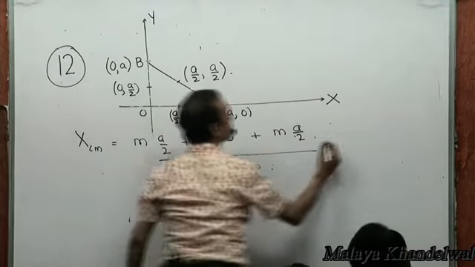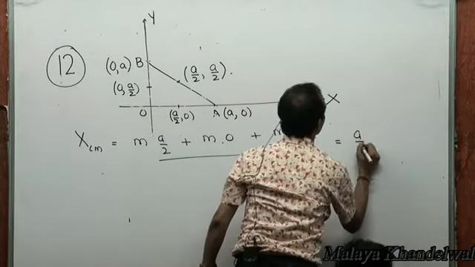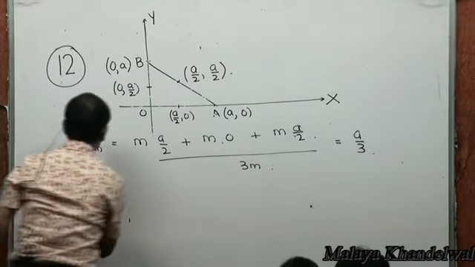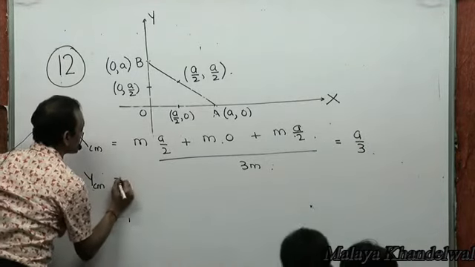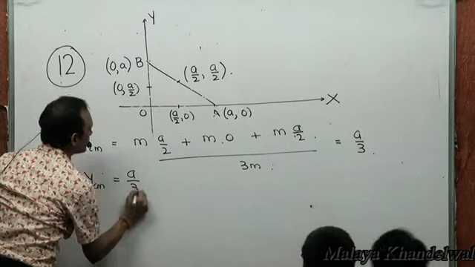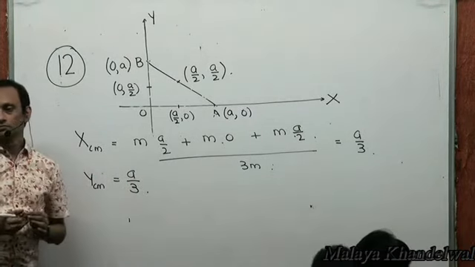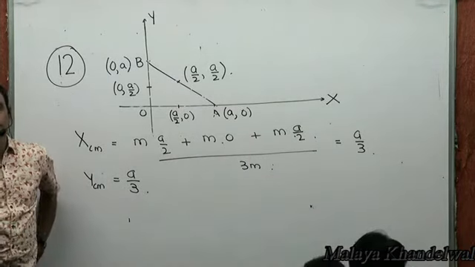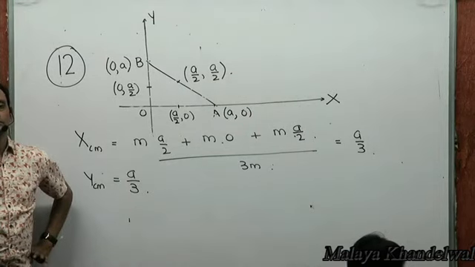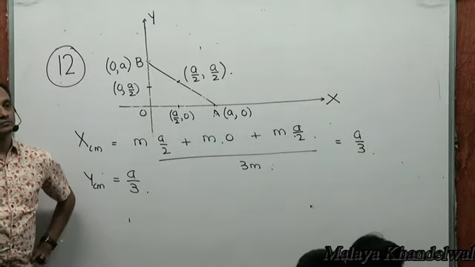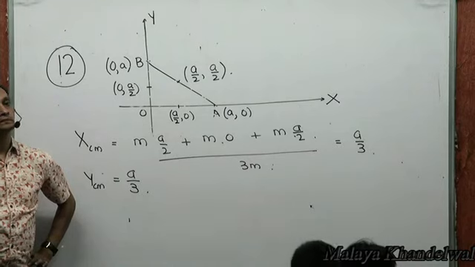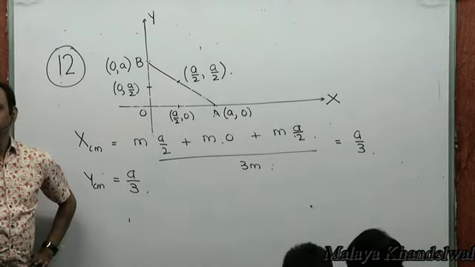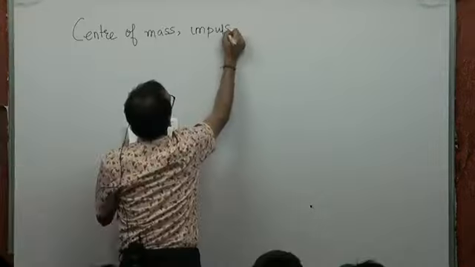Which is a by 3. And similarly, the y coordinate of the center of mass, m1 y1 plus m2 y2, will also turn out to be a by 3 for the system. Got me? Clear?